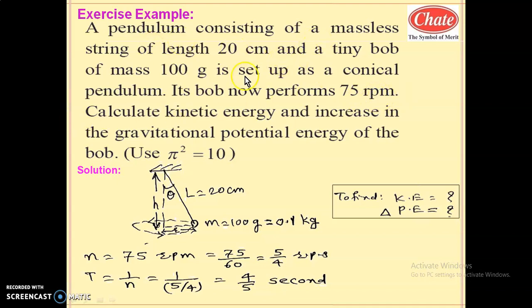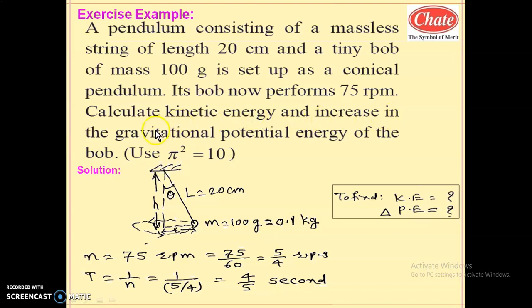While reading the problem, you should start thinking about which chapter this problem belongs to, and also start understanding the variables, meaning which physical quantities are there. Calculate the kinetic energy. Here the kinetic energy is constant, given by the formula half mv square.